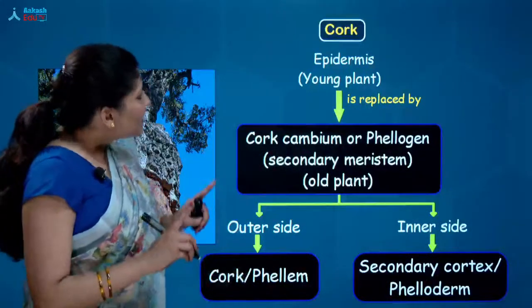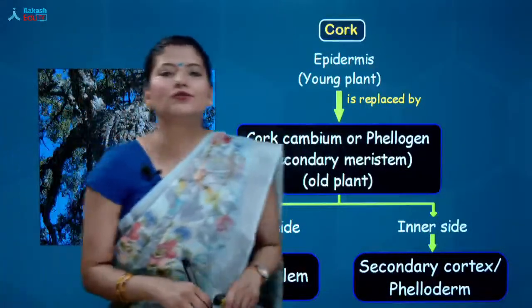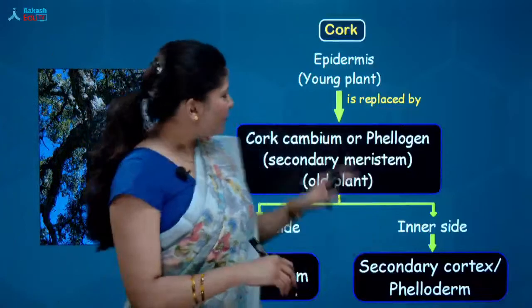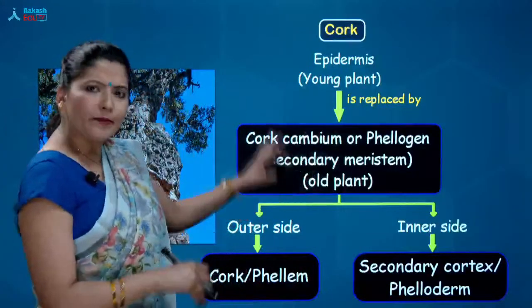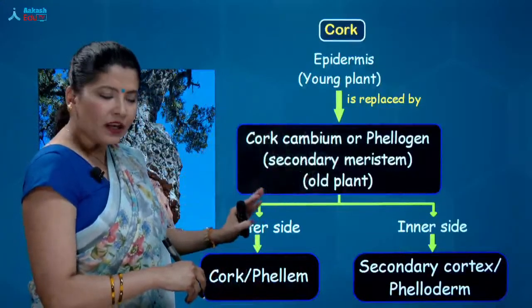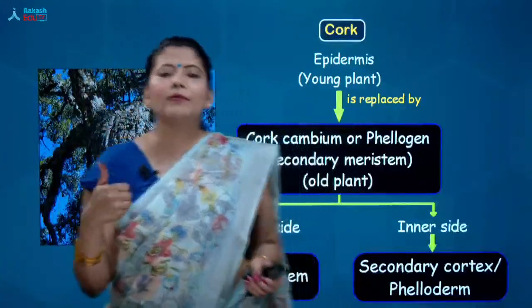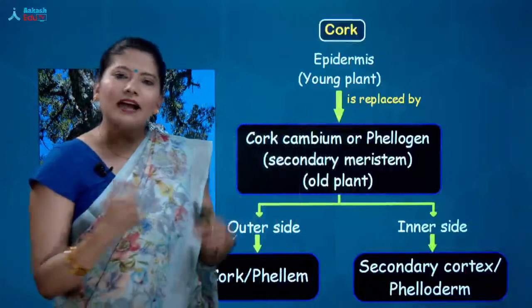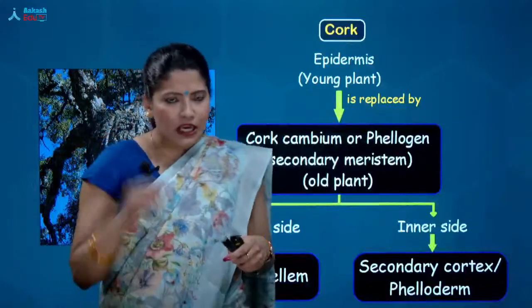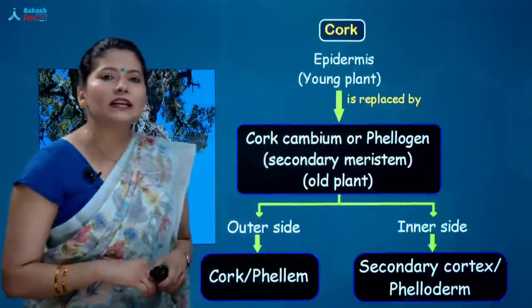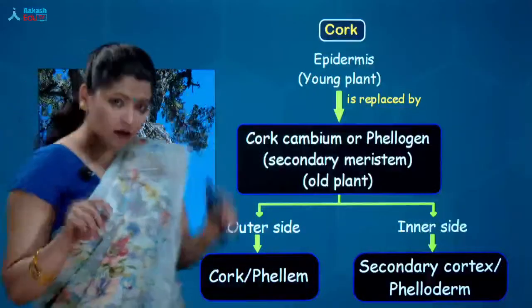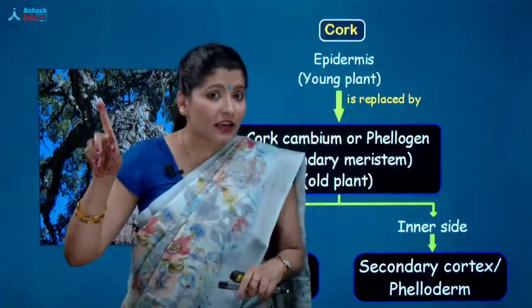Now, let's move to the second protective tissue, that is the cork. So before we start the cork, let's summarize once. First, I started with the Collenchyma. About Collenchyma we studied its characteristic features and functions. Then I started with the Sclerenchyma. Well, this Collenchyma was the living cell.